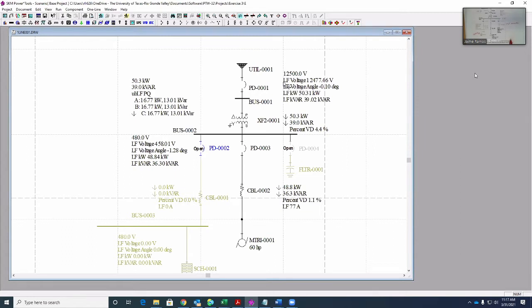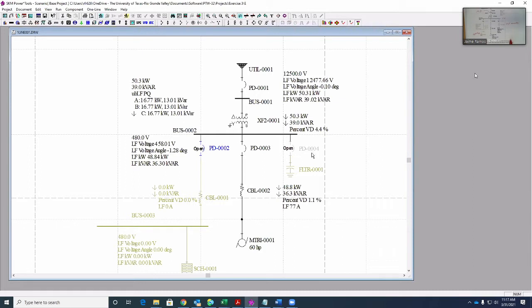The LF, I don't remember what LF means, line to line fault. No, I don't remember what LF means right now. Voltage angle, LF kilowatt, LF kvar, okay. So this is a lot of information here.